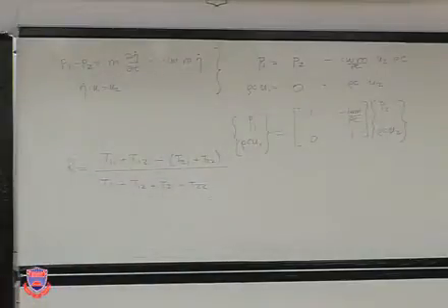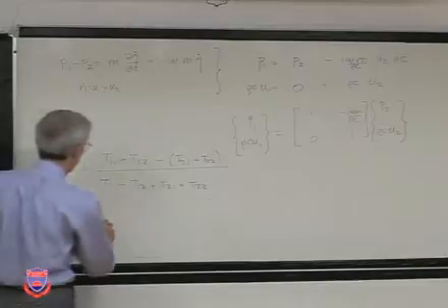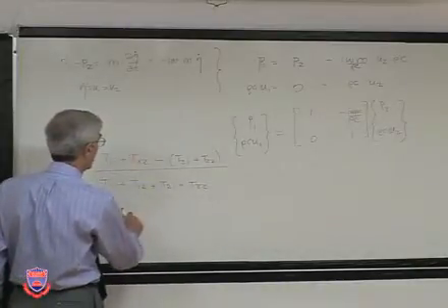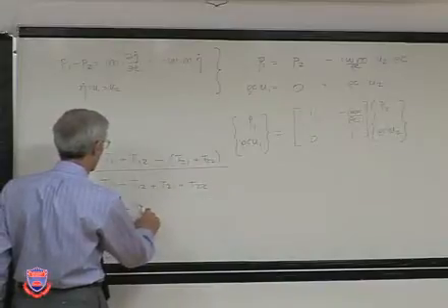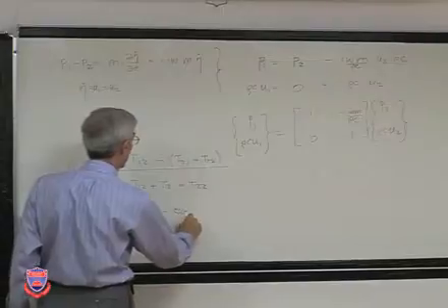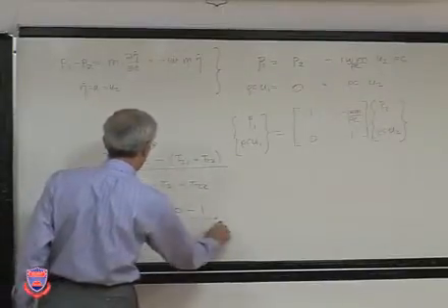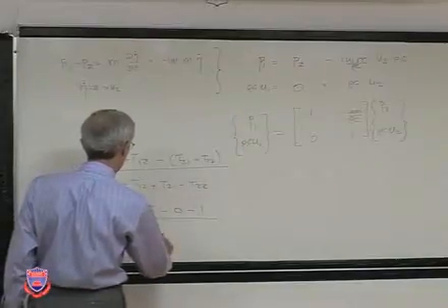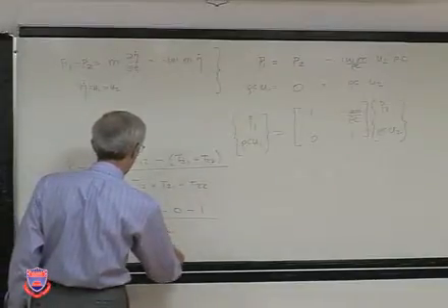If you now substitute the values for it, 1 minus i omega m over rho c, 0 minus 1, and then you sum all of these, 2 minus i omega m over rho c.